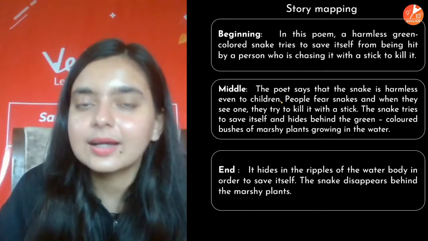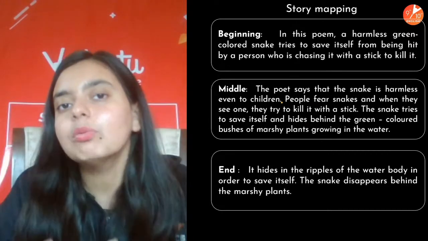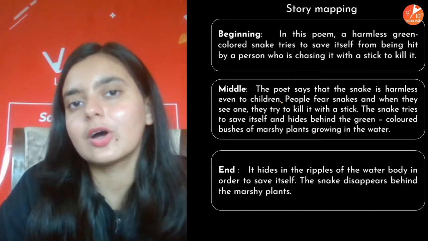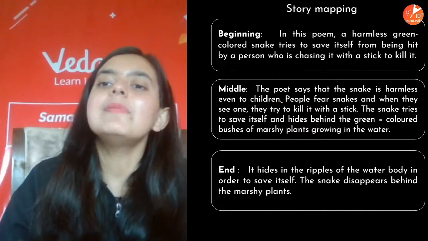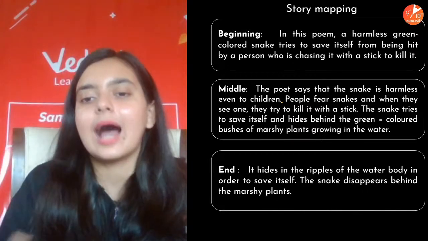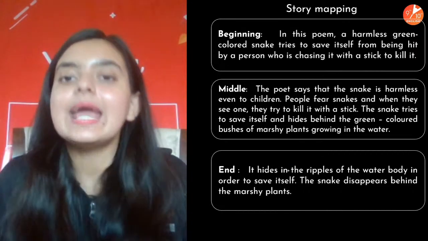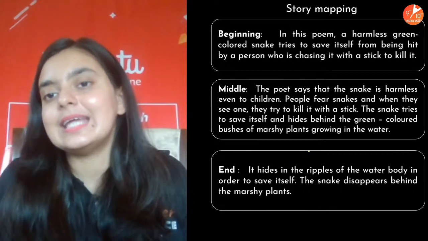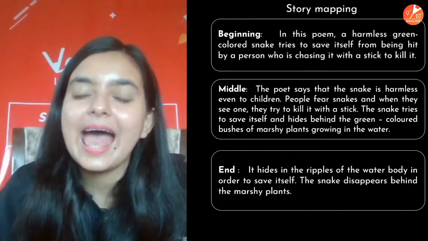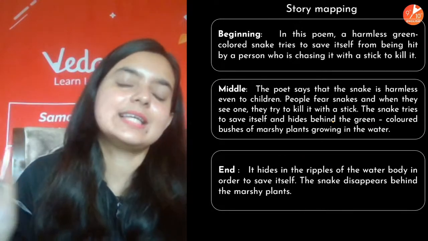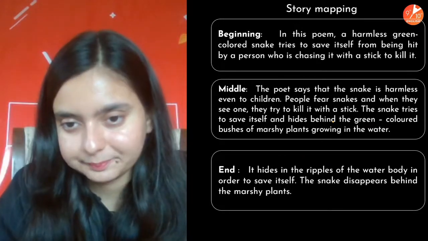So the snake over here that the poet has encountered, or the narrative persona is encountering, is a harmless, green colored snake, and the poet is trying to emphasize the beauty and the grace of the snake as it moves and as it tries to save itself from the pursuing stick.